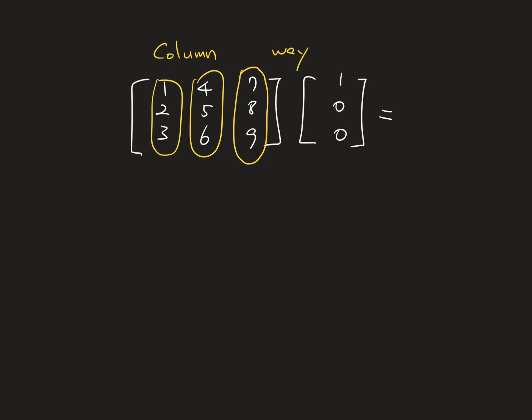And what we have is just a linear combination. So the first component, 1, is the weight for the first column, and the second component of the vector is the weight, or coefficient, which is the same word, of the second column, and the third is the weight for the third column.